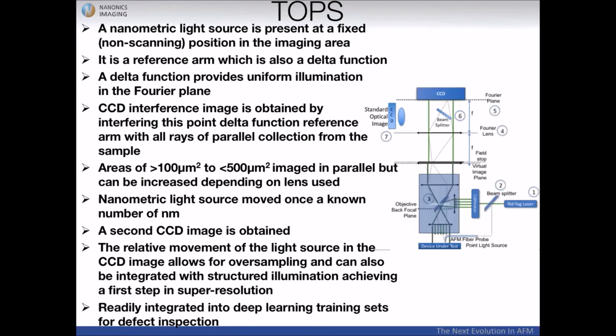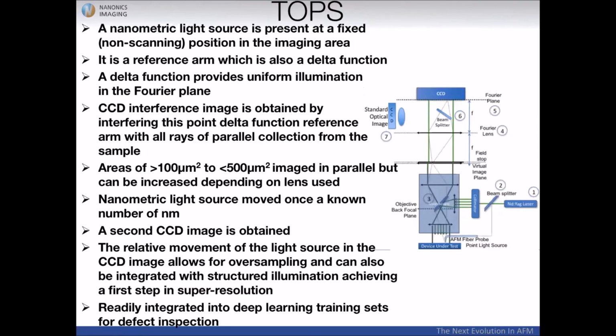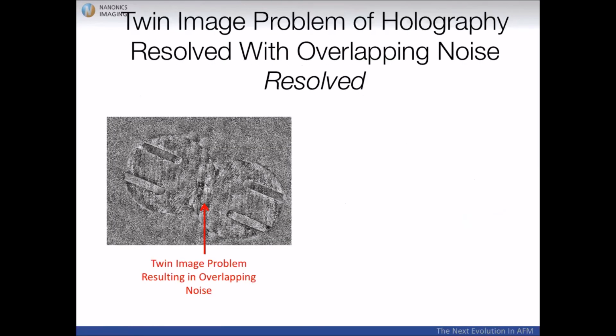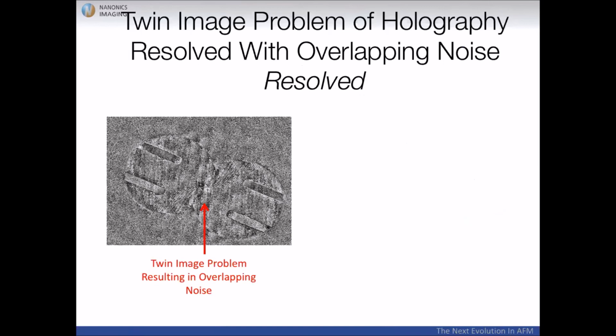And in any event, the issue with such a technique, this is really a holographic technique. This is holography in a microscope with a point source. And the problem with all holographic techniques is that you have an interference between what is called the real image and the imaginary image.